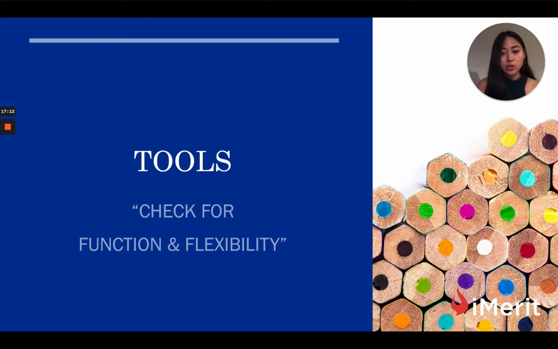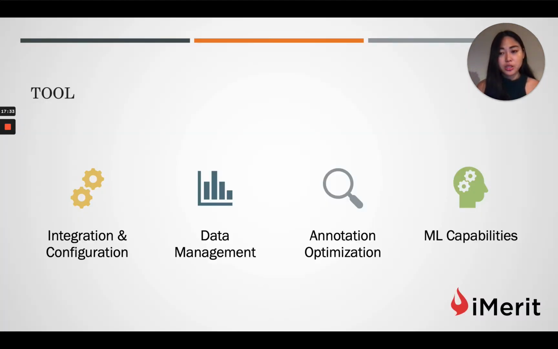So next, tools. Tools are very important because they can really make or break a project in terms of data quality and data management and the speed of the overall project. So when you're looking at tools, I really recommend checking for function and flexibility. So what does that mean, function and flexibility?